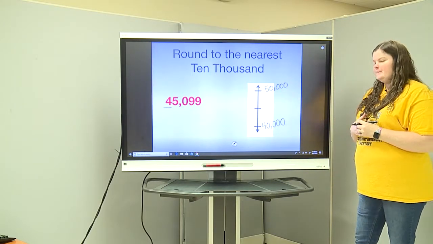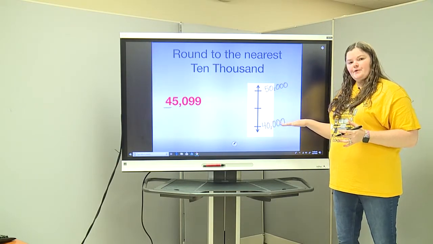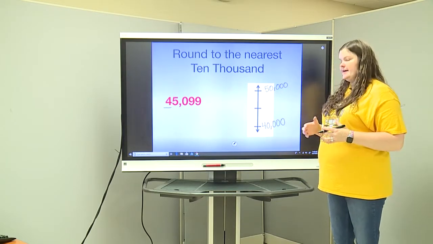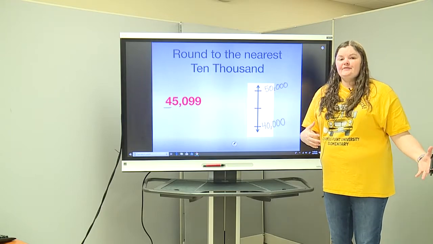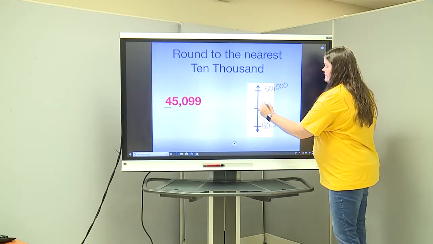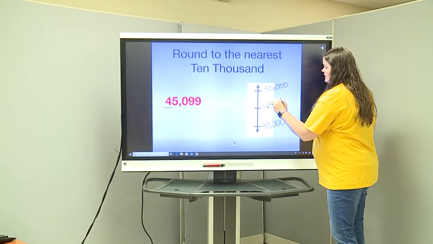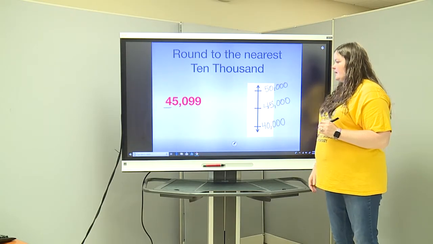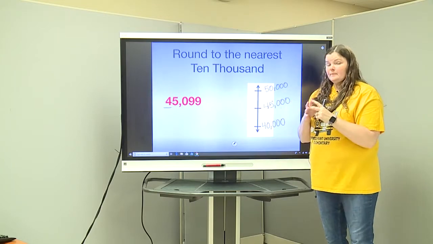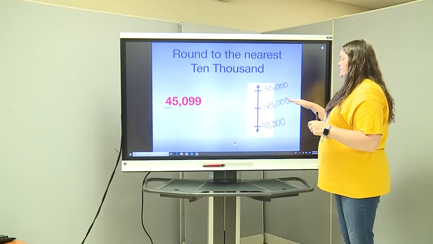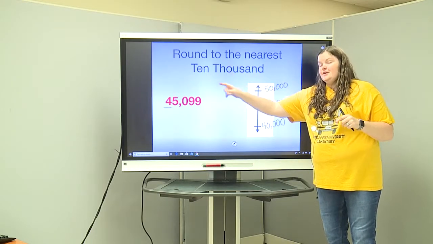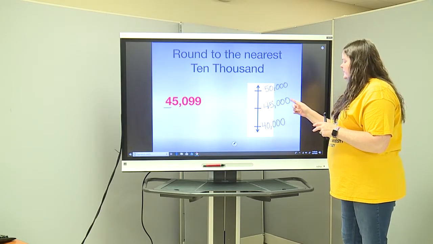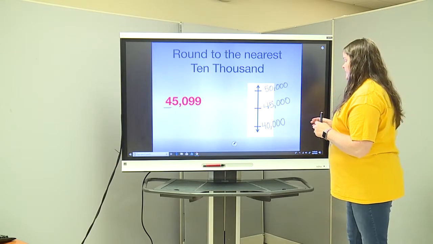And then I need to figure out my midpoint. What would be in between 40,000 and 50,000? Think about counting in between 40 and 50. That midpoint would be 45,000. All right, and the last thing I need to do is put my number on the number line. So my midpoint is 45,000. My number is 45,099. That's just a little bit higher than 45,000.